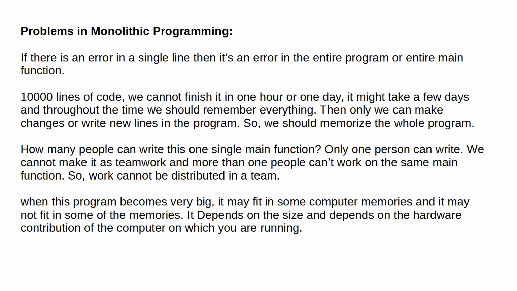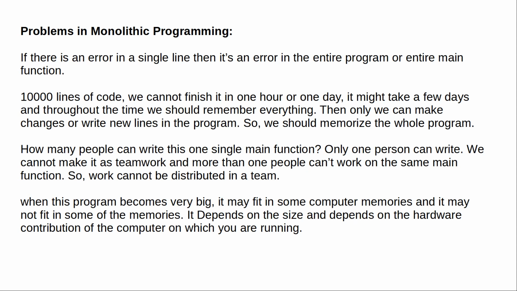And one more bigger problem is, if we have a big program in one method, as you know, whenever we declare any variables, during execution time those variables are stored in the primary memory.